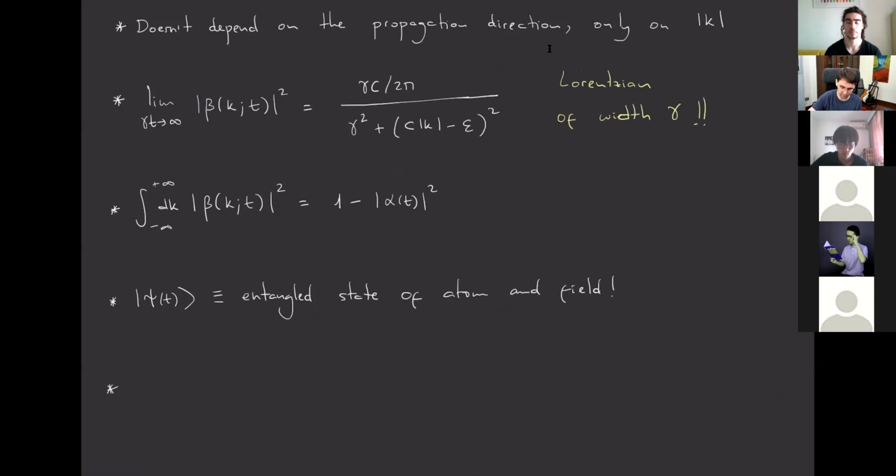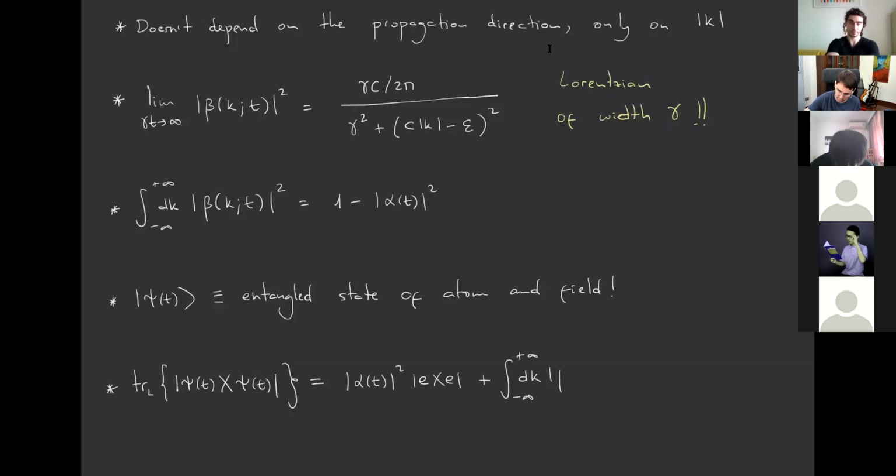And moreover, it's also very easy to check, so I let you do it, that if you do the partial trace of this state, this pure state of the full system at any time t, over the degrees of freedom of the environment, what you will get is precisely this formula here: alpha t squared times the excited state projector, plus the probability that the atom is in the ground state times the ground state projector.